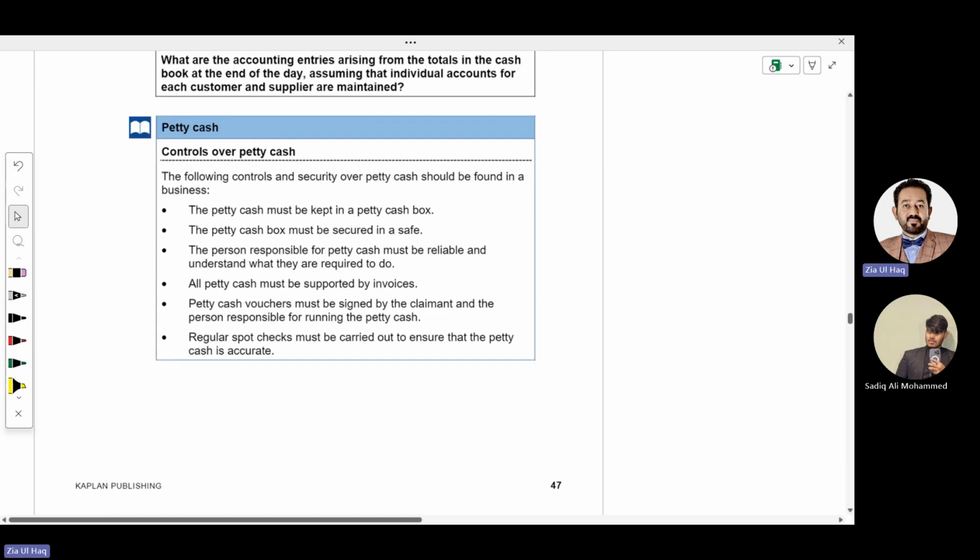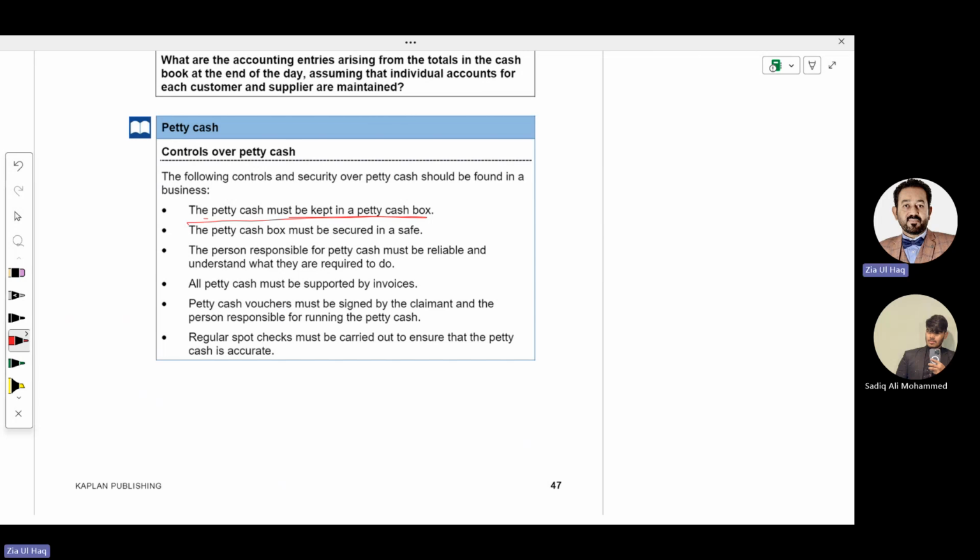Petty cash. What is petty cash? The petty cash must be kept in petty cash books. Mean clerk have to put the cash in a box in a drawer, not in his pocket. If he is keeping the petty cash in his pocket, he will be paying his personal expenditure from that.